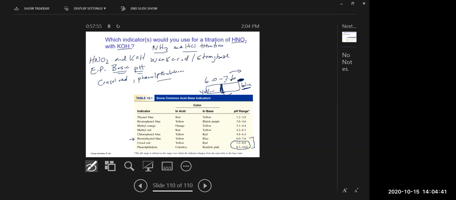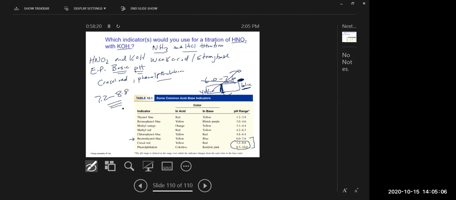So although this one does get into the basic range, we might not be able to clearly see the color change when we actually need it. It is not enough into the basic range to be effective, as opposed to our cresol red, which is 7.2 to 8.8.